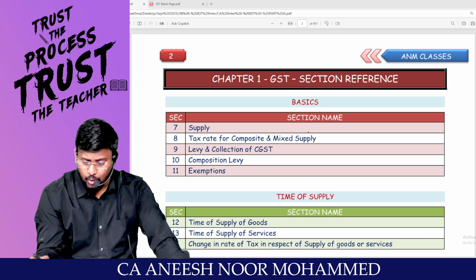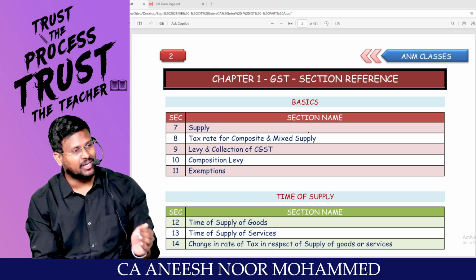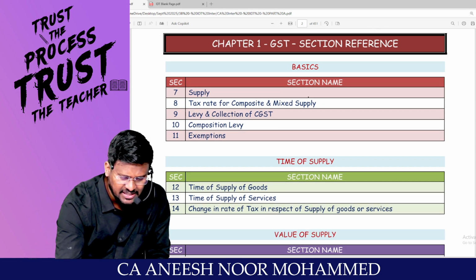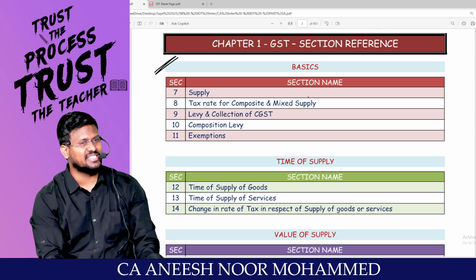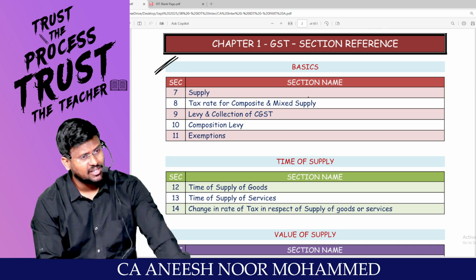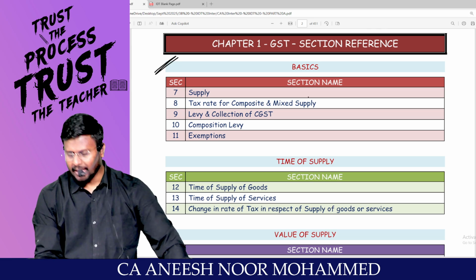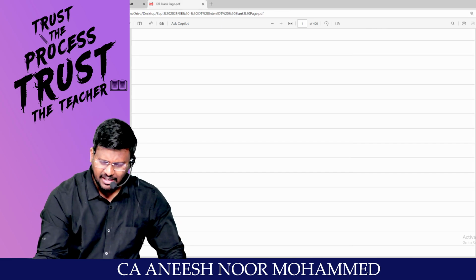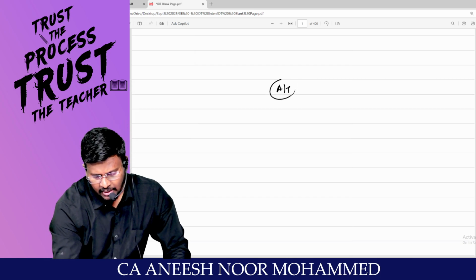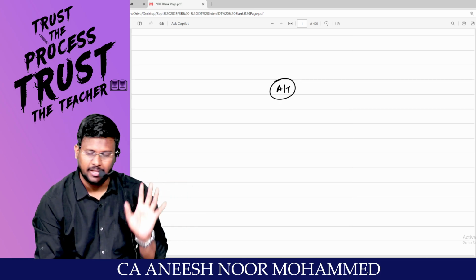Sir, what are the topics to be studied in indirect tax is what the section reference is all about. This is the basic part of the GST. Section 7 is talking about supply. That means certain activities or transactions will be treated as supply.